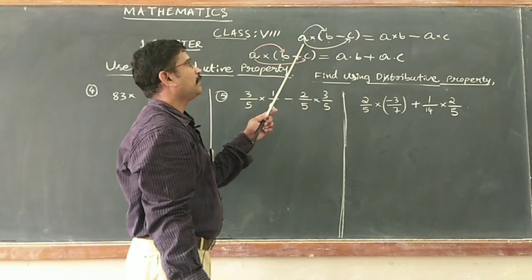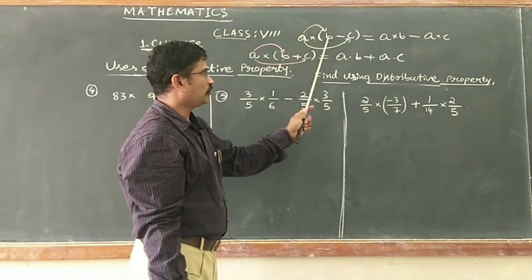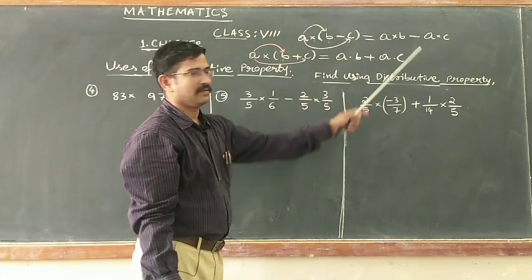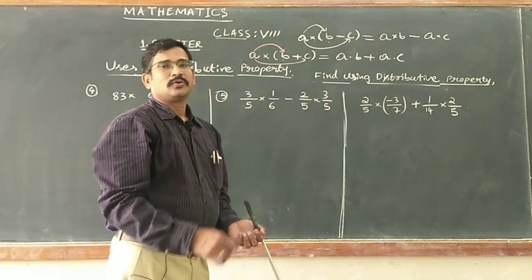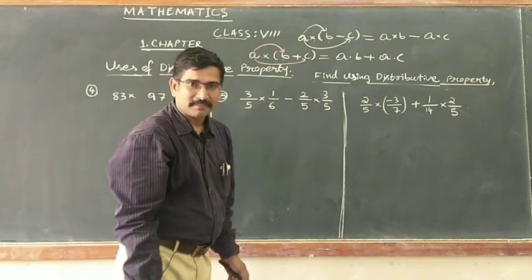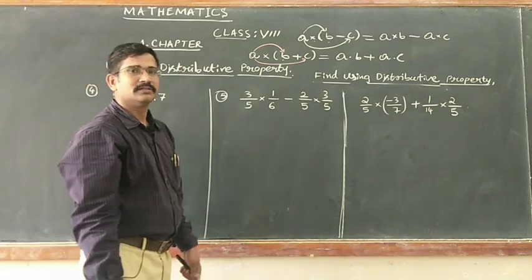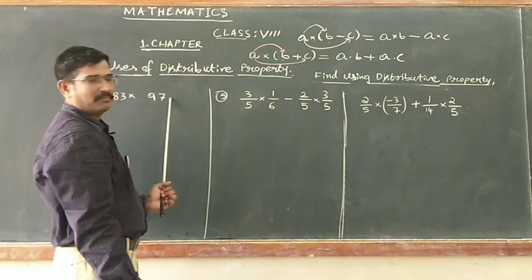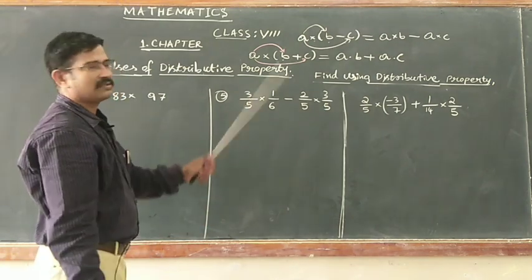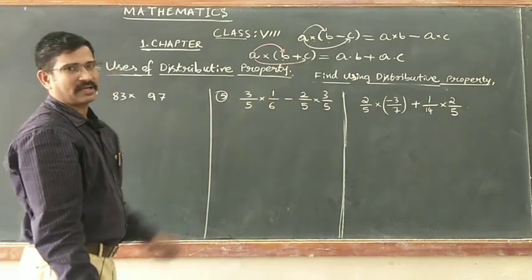So, A multiplied by B minus C is A into B minus A into C. So, how is the distributive property of multiplication over subtraction used in the simplification of calculations of such numbers, especially in multiplication? How can we use it?